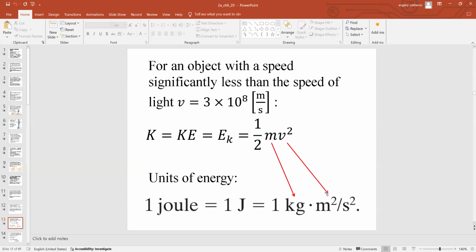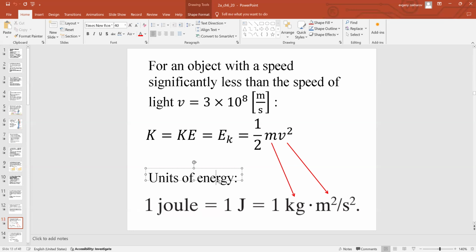So meters and meters give you meters squared, and you're left with joules. So either newtons times meters, that's joules, or thinking through the base units, kilograms multiplied by meters squared and divided by seconds squared also give you the unit of joule.